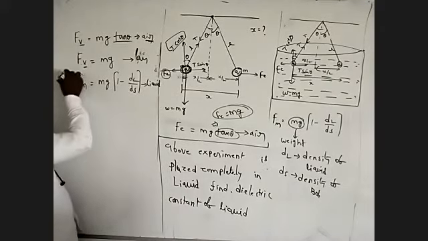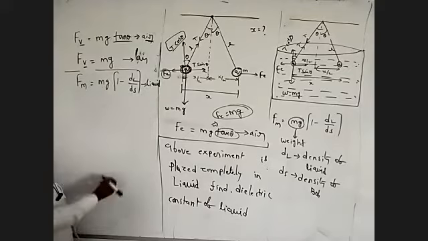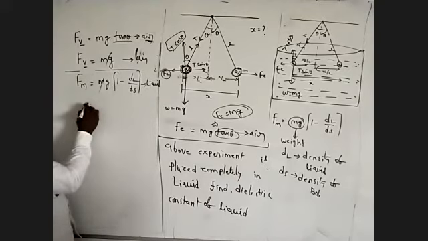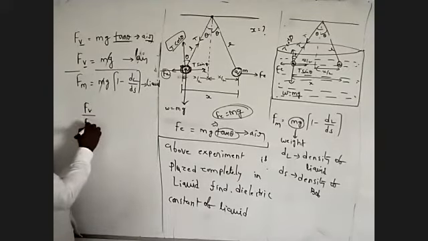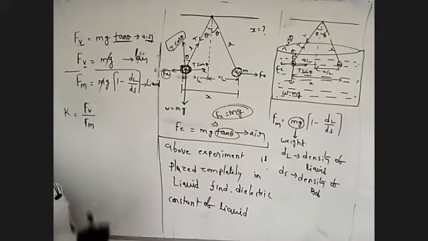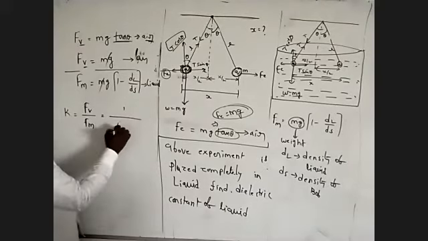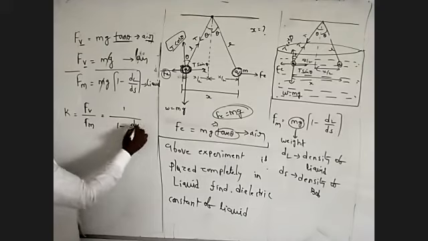Now divide the two equations. mg cancels each other. Fe by Fm is the dielectric constant K. So K is equal to Fe by Fm is equal to 1 by (1 minus dl by ds).